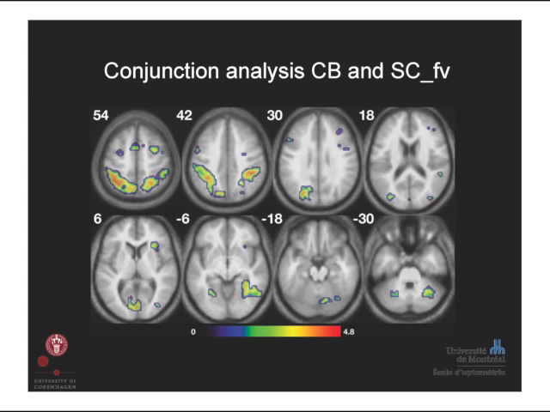And if you do a conjunction analysis to compare the areas common to the blind and the controls, you find again the visual cortex, which is always recruited in the congenital blind, and the parahippocampal formation.